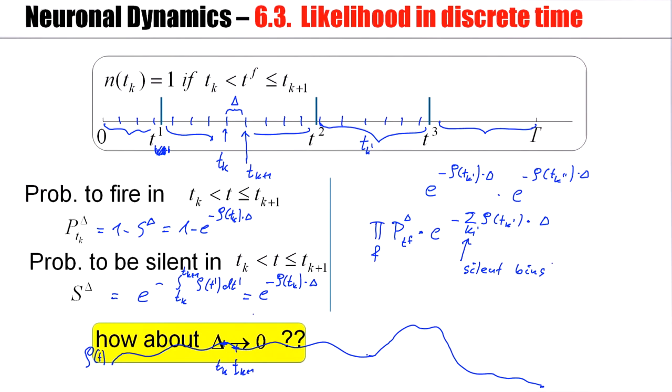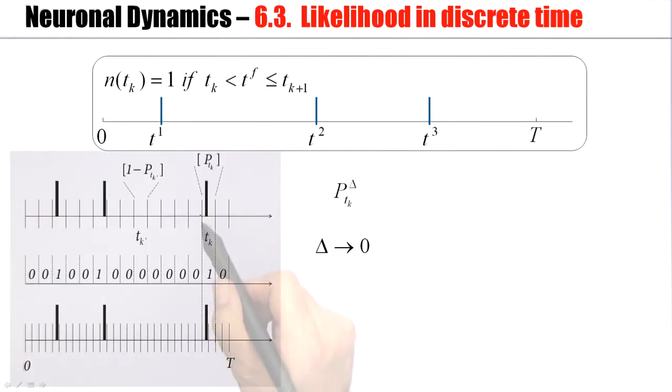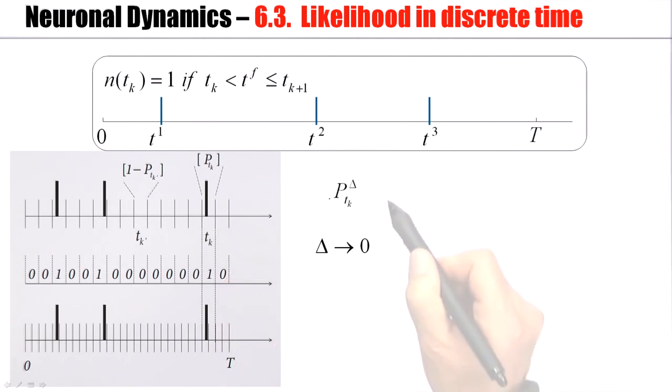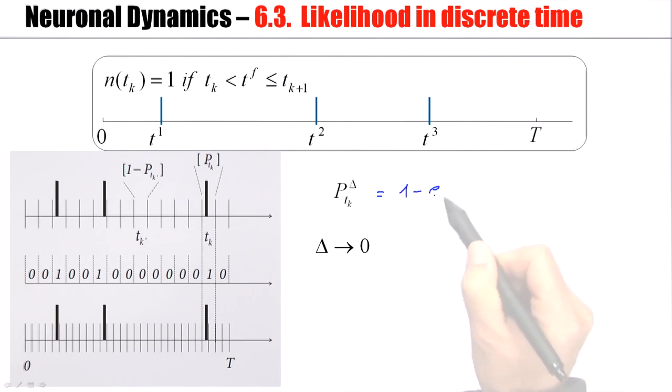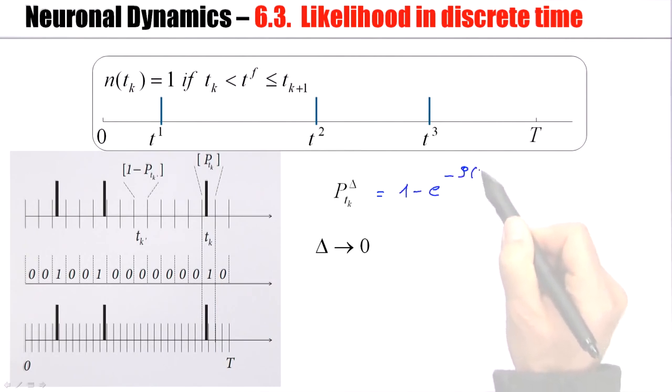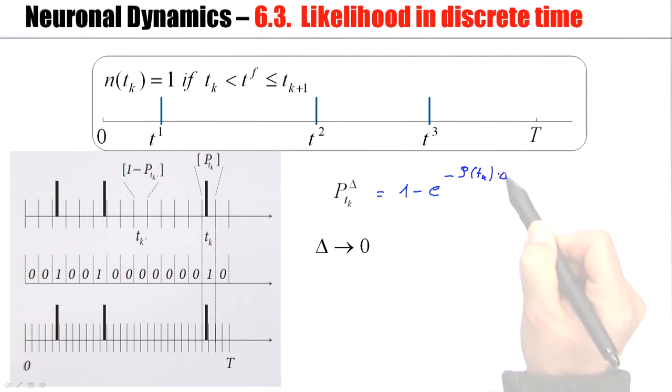Now let's ask the following question. What happens if I make this bin size delta smaller and smaller? For this bin size here, I said I have a certain probability, which is 1 minus e to the minus rho of tk times delta.